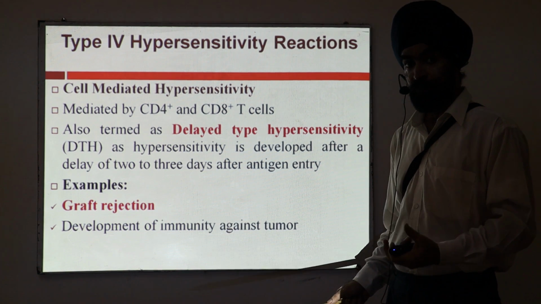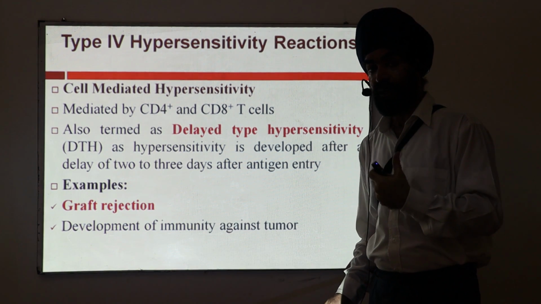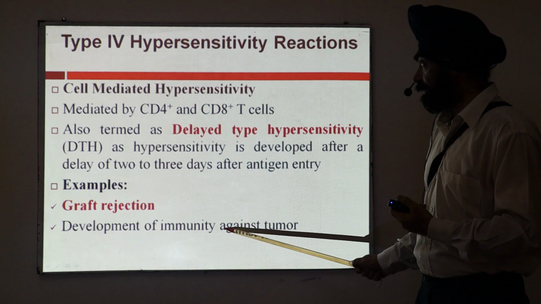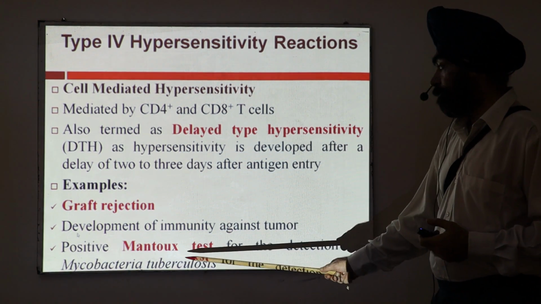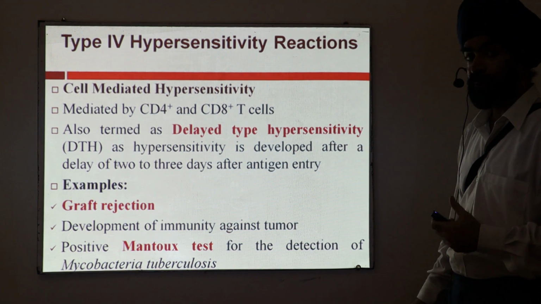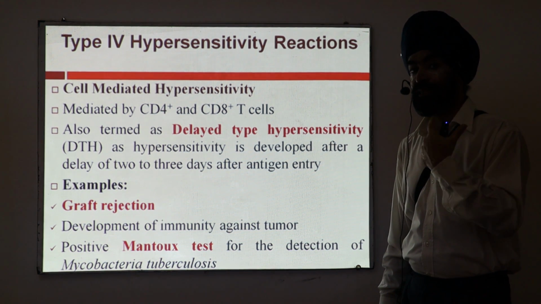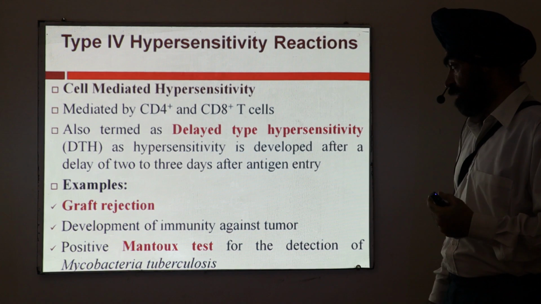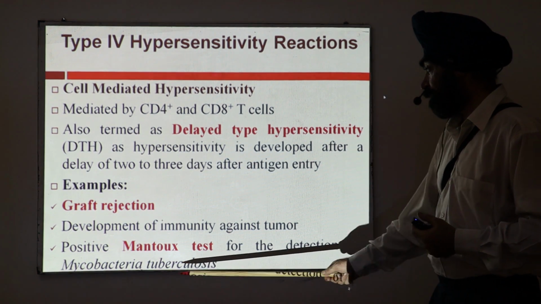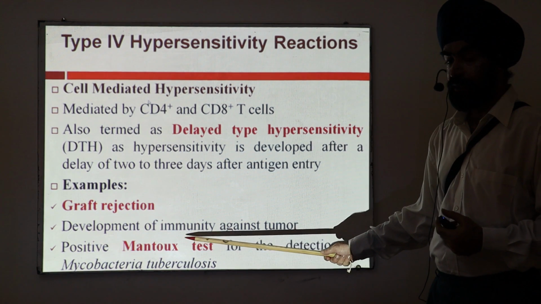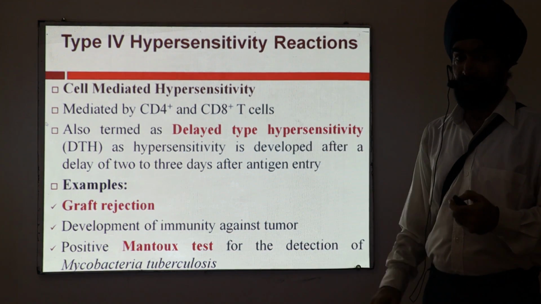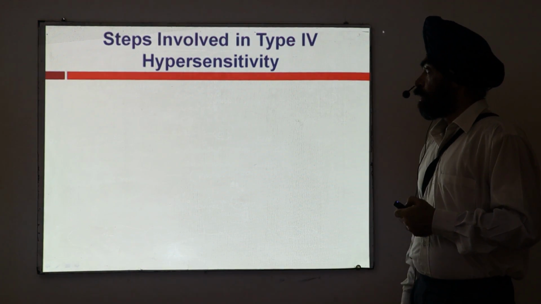If there is a tumor, then immunity is developed against that one, and that is basically a type 4. Then if you carry out a Mantoux test, which is basically done to check the presence of tuberculosis, for the detection of Mycobacterium tuberculosis, if the positive Mantoux test comes, it means there is a type 4 hypersensitivity.